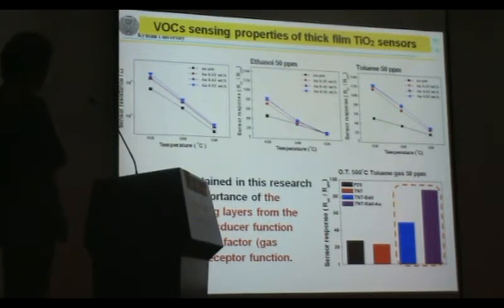Usually nanoparticles of TiO2 don't show high sensitivity like this, but this nanotube shows very high sensitivity, maybe increased by 4 times. So we can modify the sensitivity and the selectivity by controlling the receptor function, transducer function and utility factor.